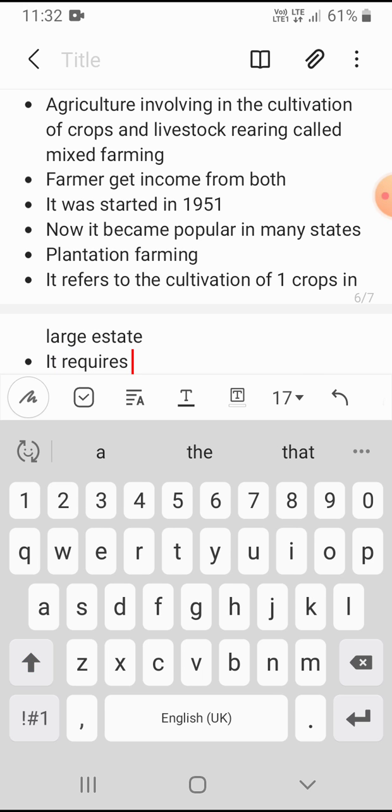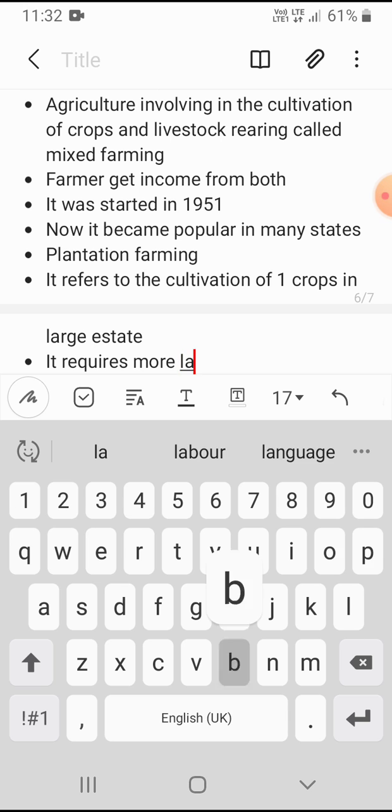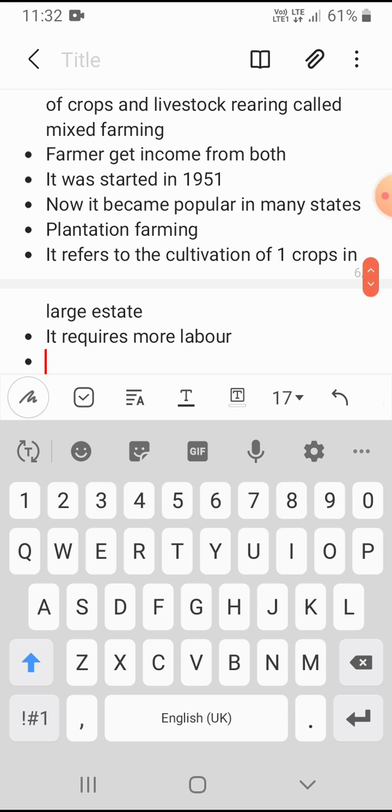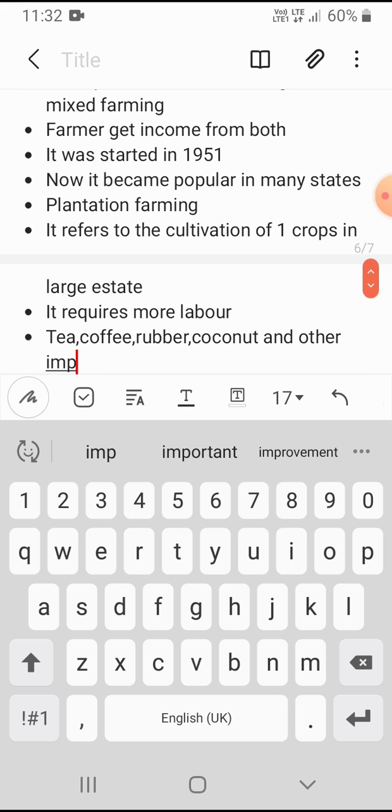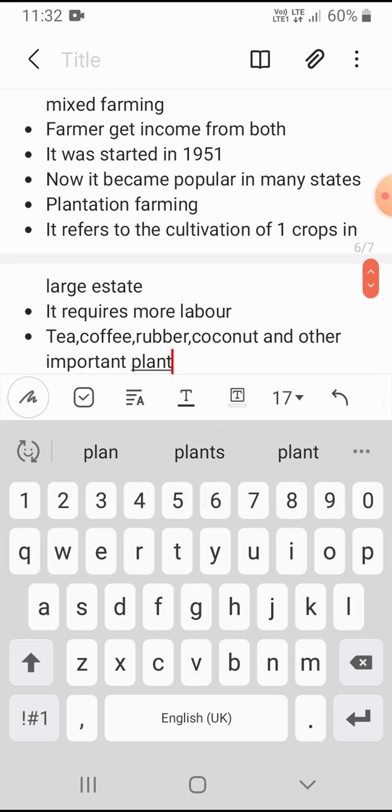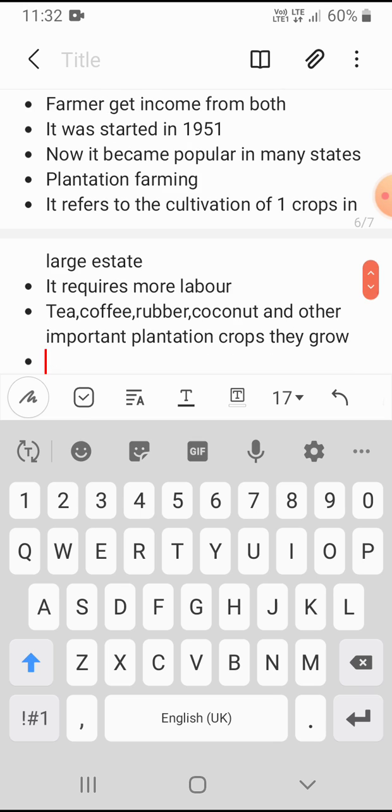The crops grown in this are tea, coffee, rubber, coconut and other important plantation crops. So this was about plantation farming.